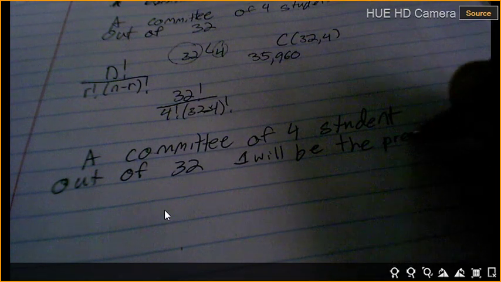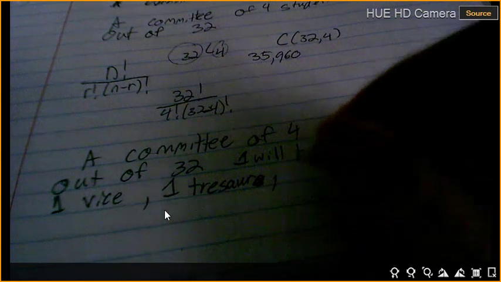Okay, so this is how it would change. So again, I want a committee of 4 students out of 32. 1 will be the president, 1 vice, 1 treasurer, I don't know how to spell that, 1 secretary.